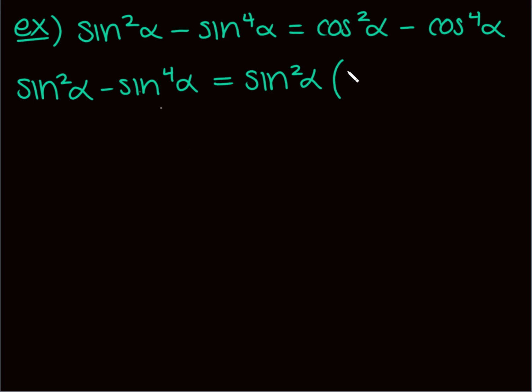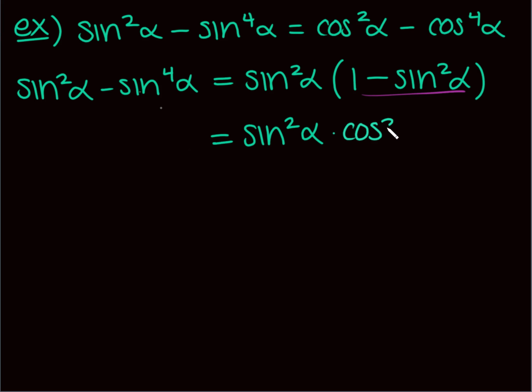If I take that sine squared out, I'm left with a 1, minus sine to the 4th divided by sine squared, which leaves sine squared. What is 1 minus sine squared? It's cosine squared. So this whole thing is cosine squared.